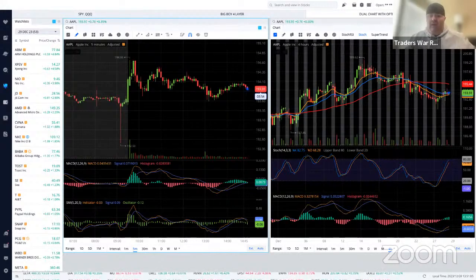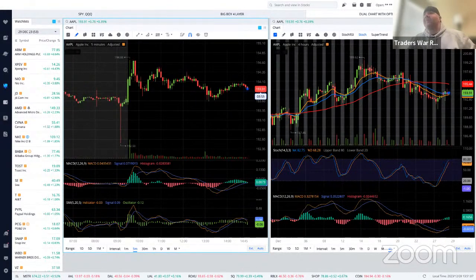And what I did is I already did a basic scan here. You can see the scan that I did was a basic volume scan. When we're looking for potential lotto plays going into Friday, we really want to go off of things that are moving and shaking, which is of course volume.